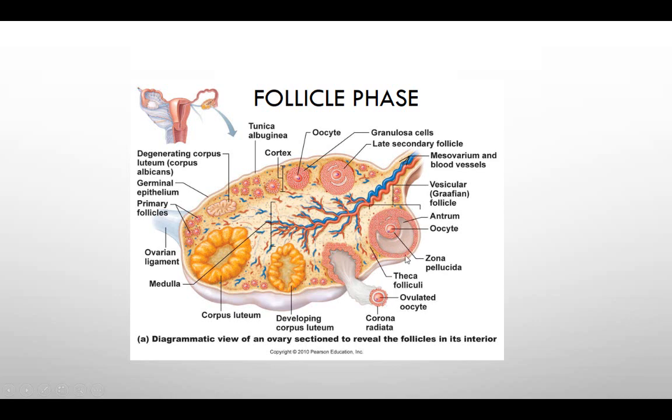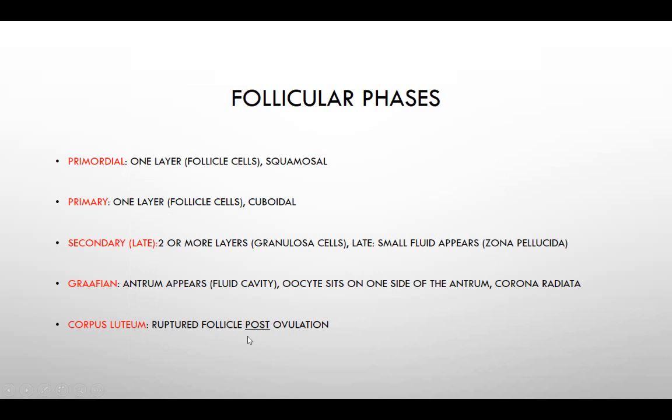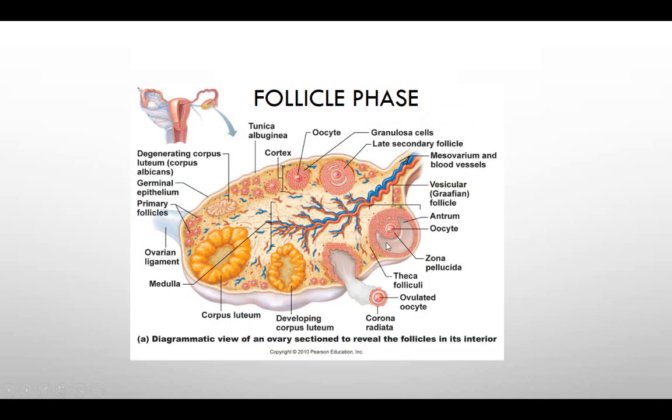But this is that graafian or mature follicle. And then finally, as we saw, the corpus luteum, which is going to be what's left of this graafian or mature follicle right here. And that will stick inside of the ovary for a certain period of time, which I'm not going to get into because that gets into our other unit called reproductive physiology. So don't want to go into that just quite yet, but you get the idea.